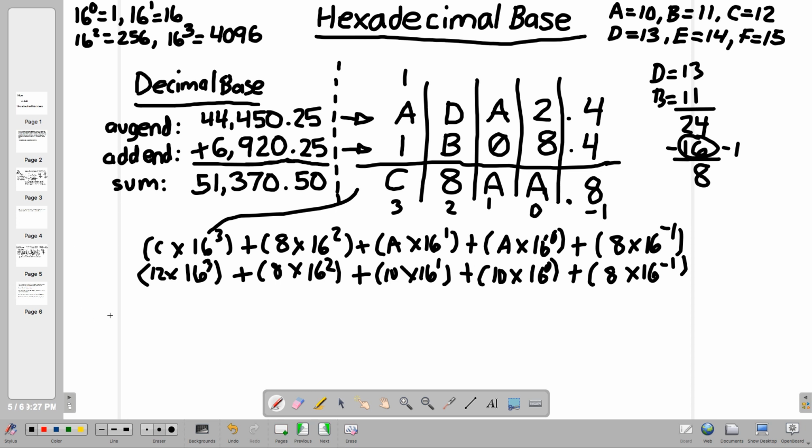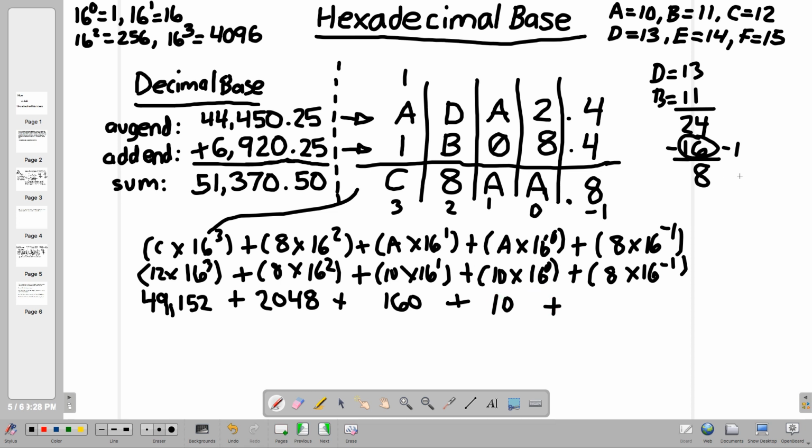So we have a value of 49,152. And then we have 256 times 8 is a value of 2,048. And then we have 10 times 16 is really 160. And then we have 10 times 1 is 10.